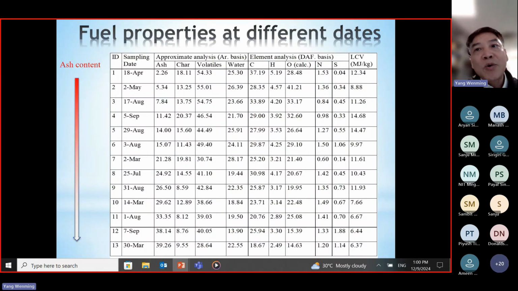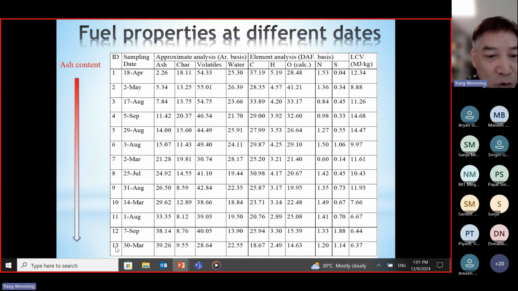Just like I mentioned, the fuel quality is very diverse. Some of the fuel has a high ash content, some has a lower ash content, and some of the fuel has a high quality, and some has low quality. So we collected fuel samples at different times.